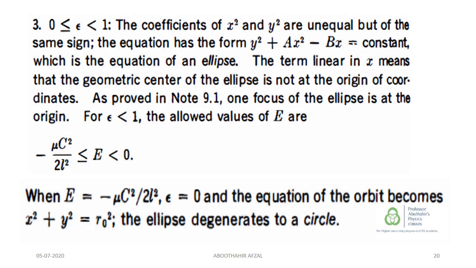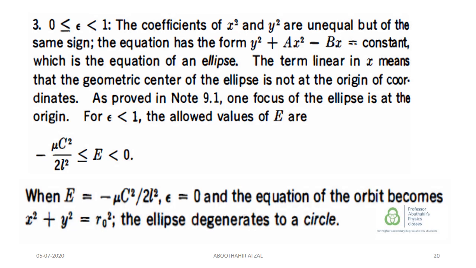If epsilon is less than 1, in that case the values of E possible lie between minus mu c square by 2L square and 0.